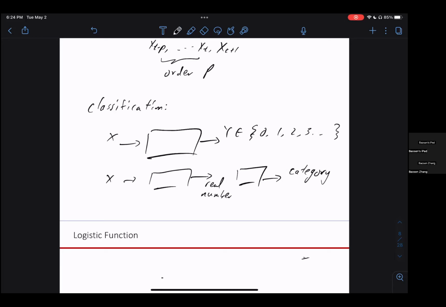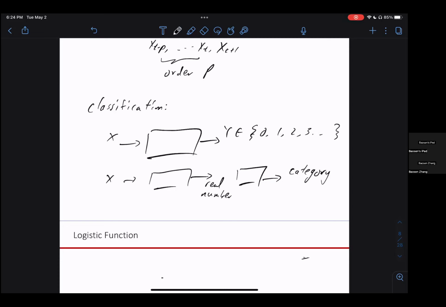So even though you need discrete numbers to come out of this, normally you only do this as a last step. It's not like you take X and then you just start working with integers. Integers or category numbers are hard to work with. We only want to work with them as a last step. Everything else is just real numbers.